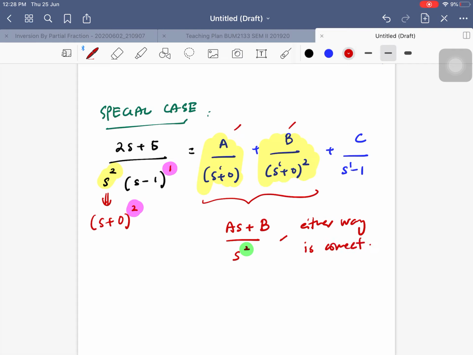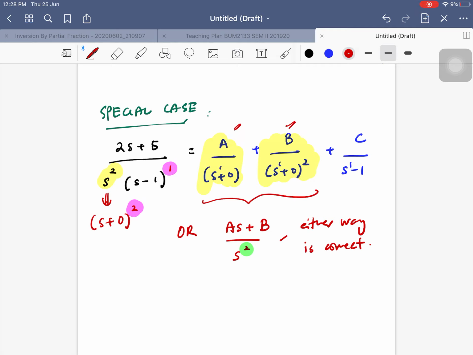But from my past experience, I noticed that reducing them to two fractions like this is going to be much easier actually. Yes, there are going to be more terms in there, but when you start substituting and doing your calculation, it's much easier with two fractions. But it's totally up to you, whichever one you're more comfortable with.